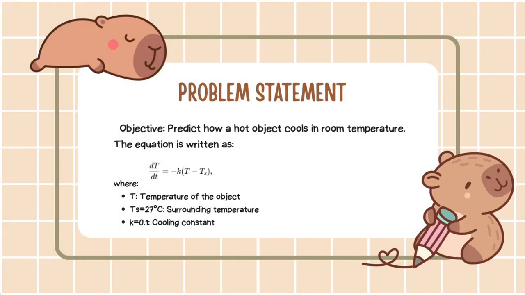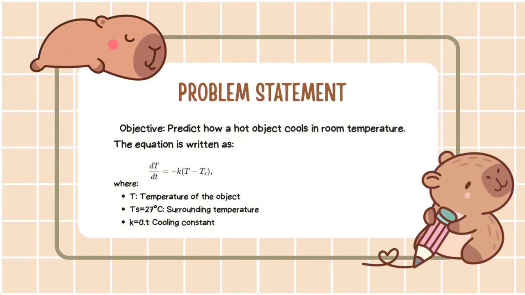Next, problem statement. The problem we are solving is how can we predict the temperature of a hot object, for example, a cup of coffee, as it cools down in a room at 27 degrees Celsius. According to Newton's law of cooling, the rate at which an object cools is proportional to the temperature difference between the object and the surrounding air.